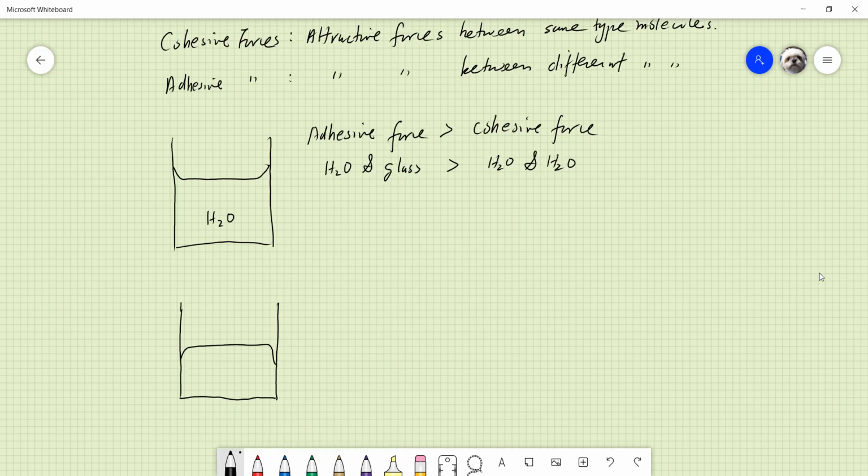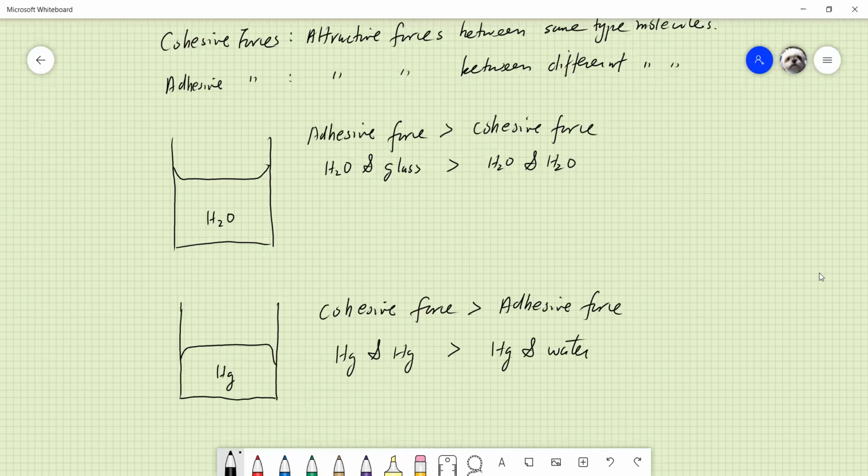Now, what does that mean? It means the cohesive force is larger than the adhesive force. It means the force between the mercury and mercury is larger than the force between the mercury and the container.